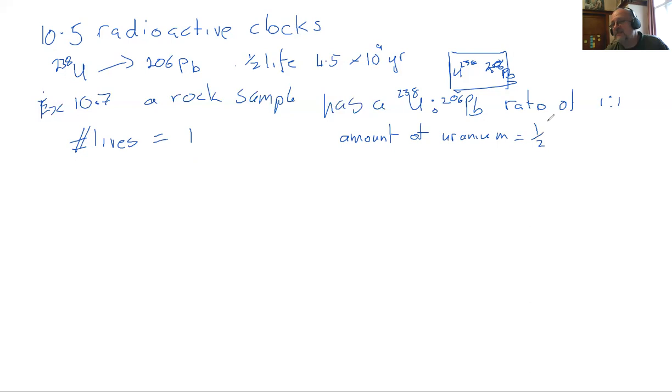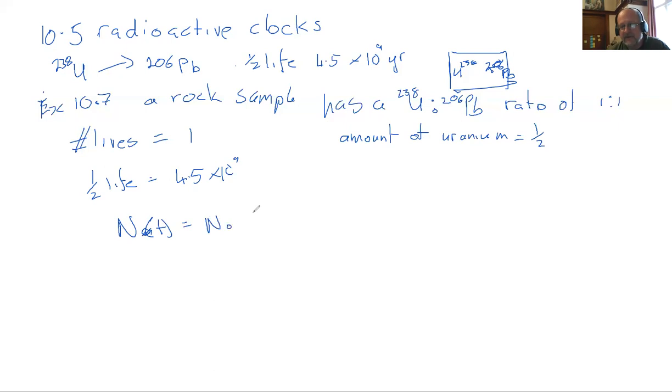So that's one half-life we're talking about, because half of it has turned to lead. I mean, we can use that equation before and actually work this out. So we've said that one half-life equals 4.5 times 10 to the 9 years. We can, if you really want to, stick it into this equation.